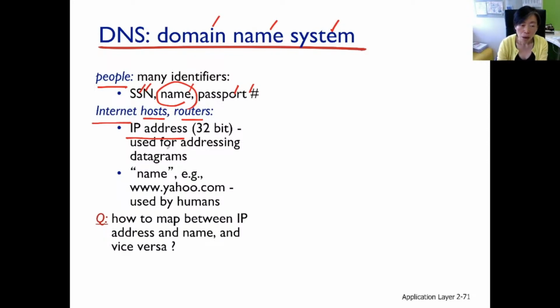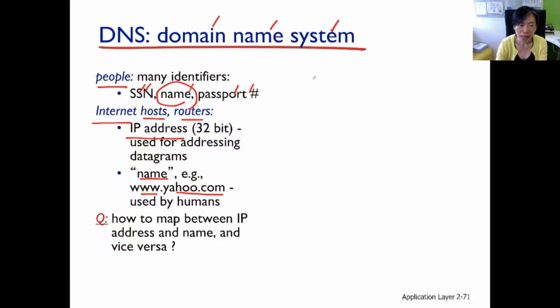So what we do on the internet is give some of the important machines a name. For example, www.yahoo.com is the web server of yahoo.com. You could just type www.yahoo.com and it quickly leads you to Yahoo's website. Similarly, www.google.com, and quickly we reach Google.